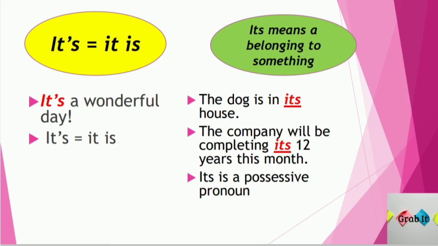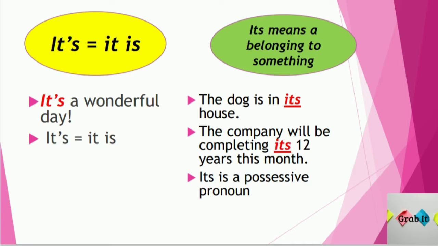For example, it's with an apostrophe means it is. So, it's is a contraction of it is. By contraction, I mean a shorter form of something.